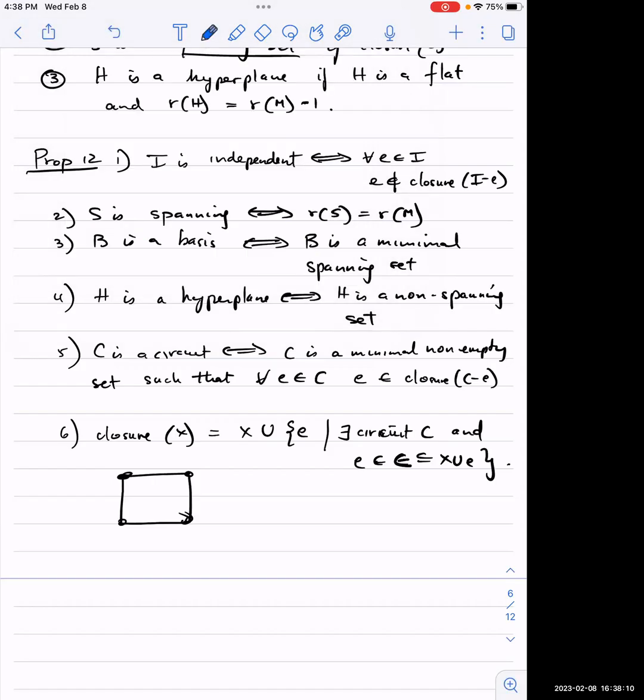Then, here you have the spanning tree. And because it closed it up to form a cycle, I said that the green edge is in the closure of the blue edges, and that's captured here. It'll be X, and all the members, all the other edges for which there's a circuit entirely contained in X and just sticking out by E.